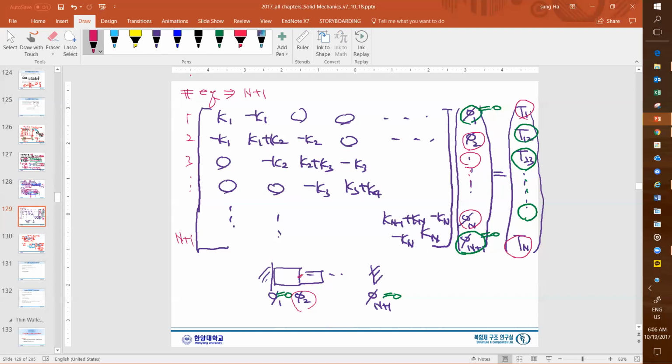And given these conditions, we can solve the rest of the unknowns. The unknowns are phi2 up to phi n. Okay, these are unknown, and also we don't know T1 and Tn.